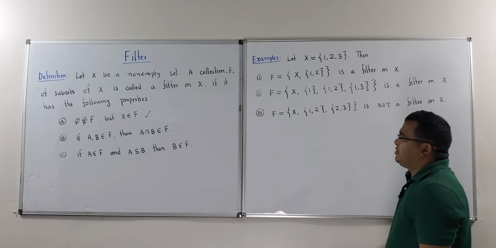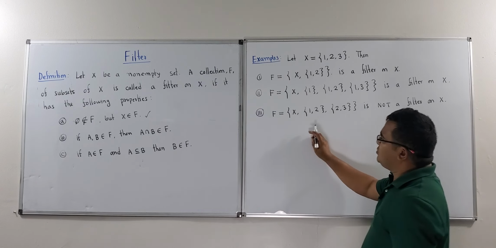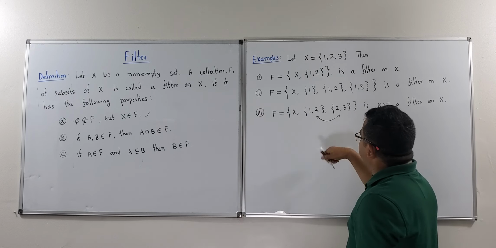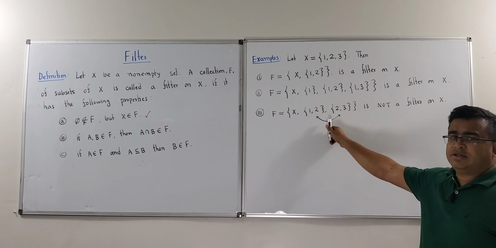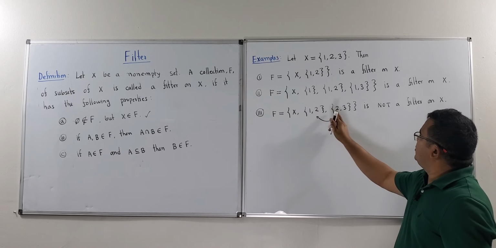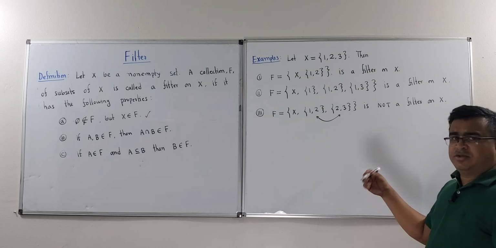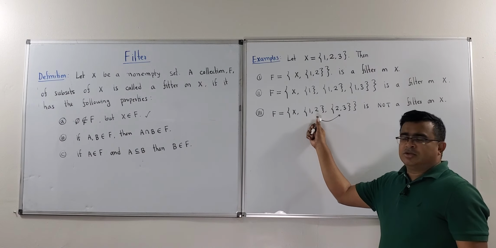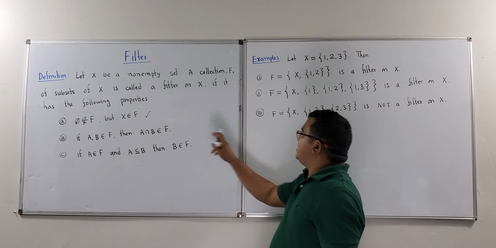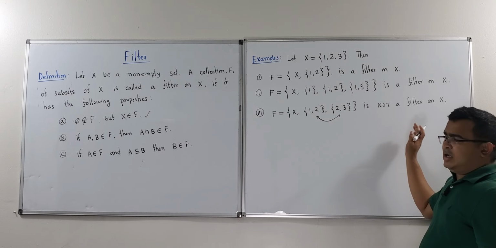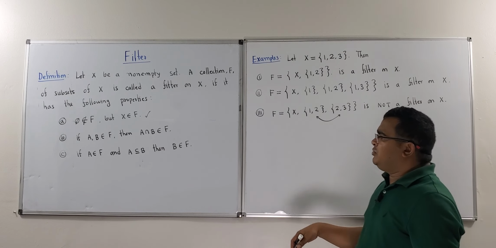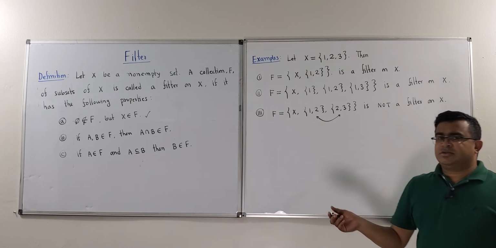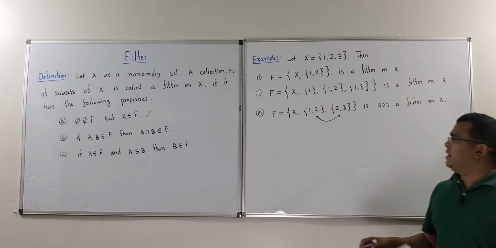How about the second property? If you consider two subsets, this one and that one, their intersection should be in that collection. What is their intersection? {1, 2} and {2, 3}, their intersection is {2}, because the element 2 is common, but {2} is not in that collection, so it doesn't satisfy the second property. That's why it is not a filter. Since it doesn't satisfy the second property, we do not need to check the third one, because to be a filter, it has to satisfy all of the three properties.